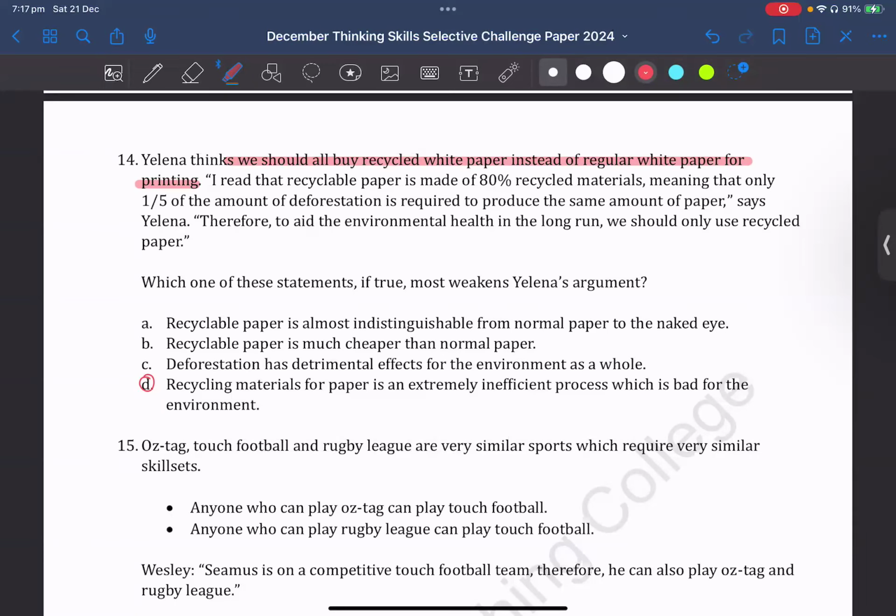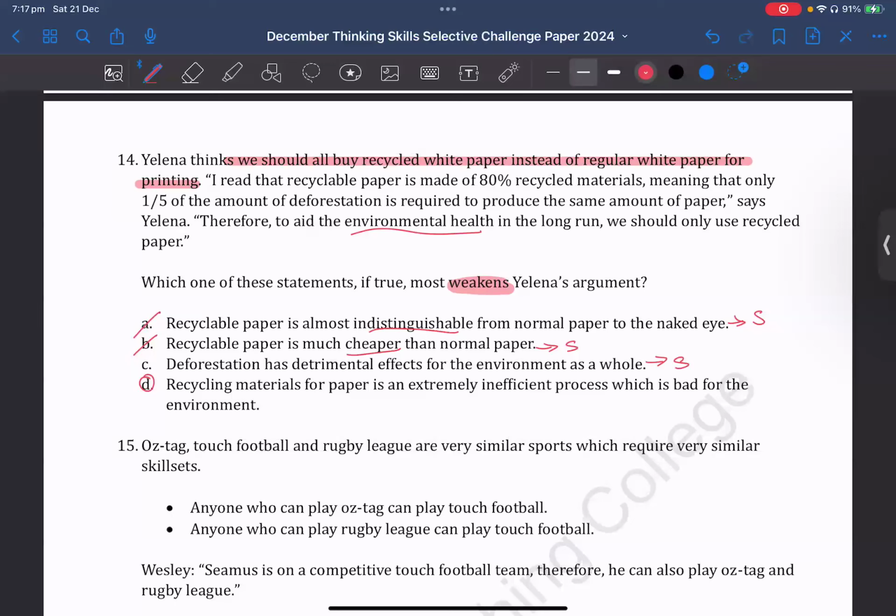And the key word in this argument is that we're trying to weaken it. Recyclable paper is almost indistinguishable from normal paper to the naked eye. This actually strengthens it, so I can exclude it. B also does the same thing. It says it's cheaper. It strengthens the argument, which is why it's wrong. And C says deforestation has detrimental effects for the environment as a whole.